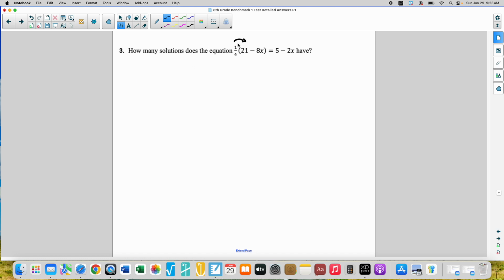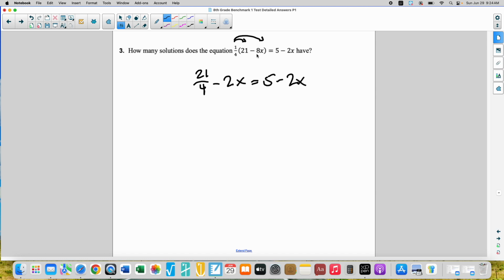So let's try this out. Let's distribute. You get 21/4 minus 2x equals 5 minus 2x. 1/4 times 21. 21's in the numerator, 4 is in the denominator. Then we multiply 1/4 times negative 8. 4 is in the denominator, 8's in the numerator.